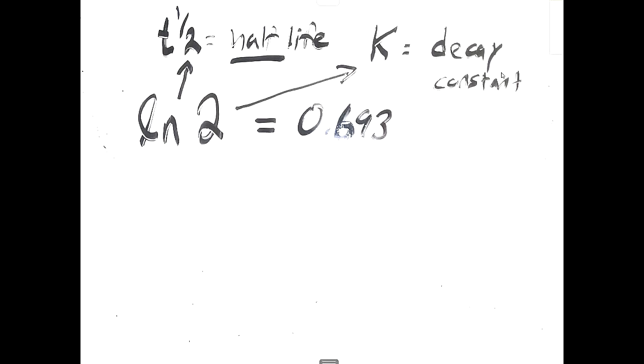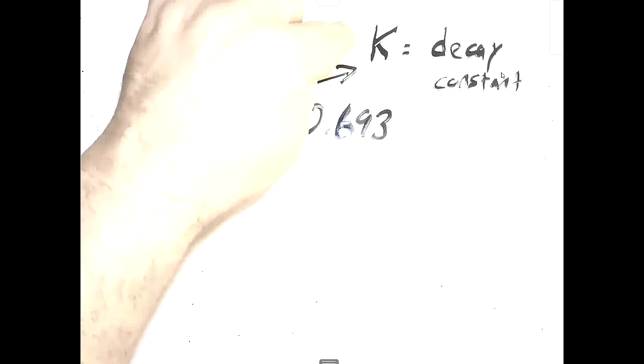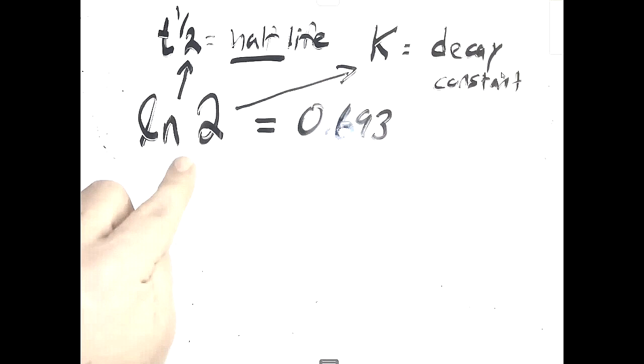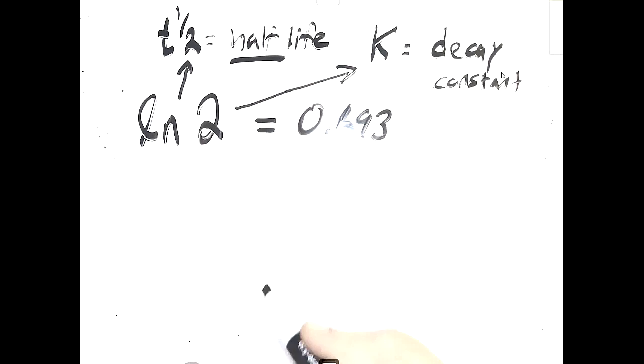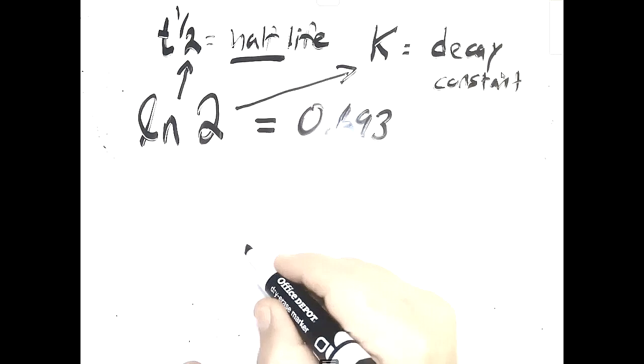Okay, well, it turns out that if I know either the half-life or the decay constant, I can use the natural log of 2 to figure out the thing I don't know. And again, this is like a mirror. So let's say that we actually know the half-life of something.